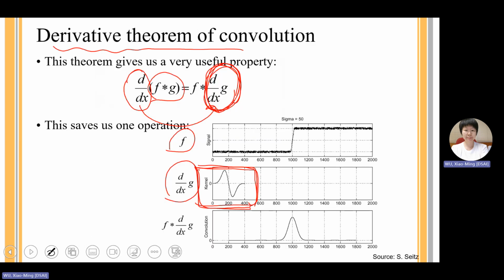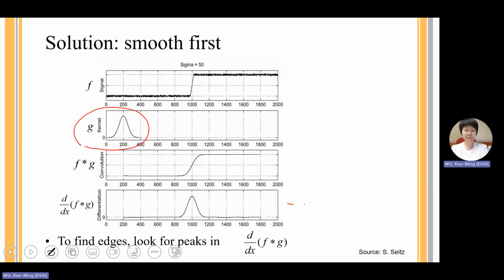A typical Gaussian kernel looks like this, and this is the derivative of the Gaussian kernel, where you can see there are two extremes. We can simply convolve f with the derivative of Gaussian kernel, and it gives us the same results.